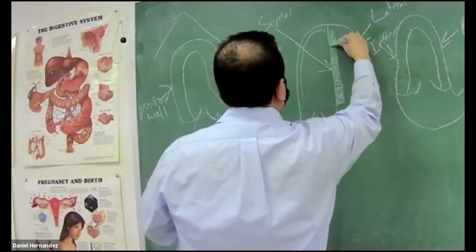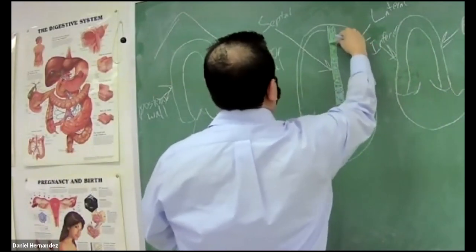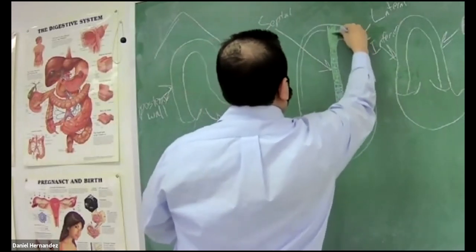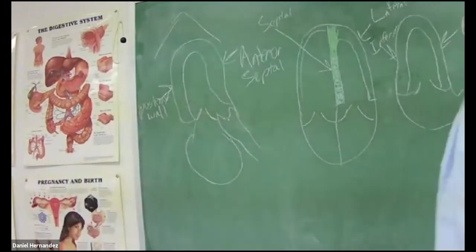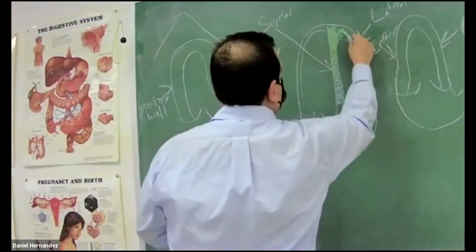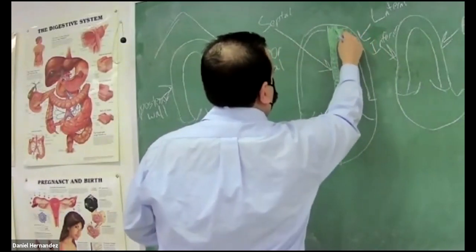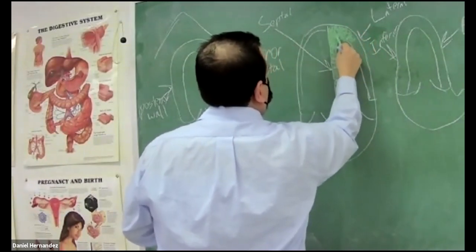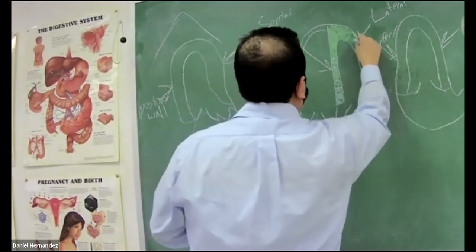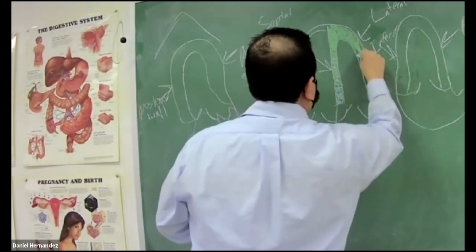When we get more towards the apical portion of the interventricular septum, this is going to be the left anterior descending. Then the apex, we have left anterior descending, and the lateral wall, we have left anterior descending.